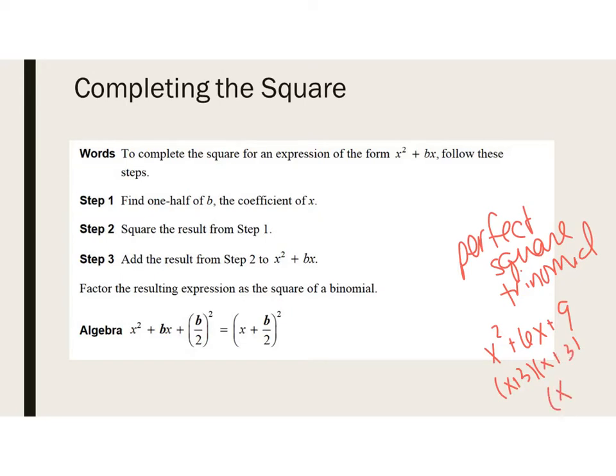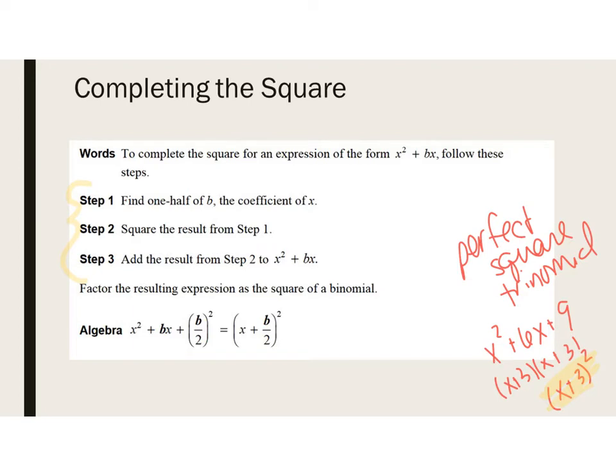So you could write it as one quantity squared. And then that has benefits because to get rid of that square, you would just square root it. So we want perfect square trinomials so that we can write them as one binomial squared and then square root it. So what you have here, these steps create a perfect square trinomial.